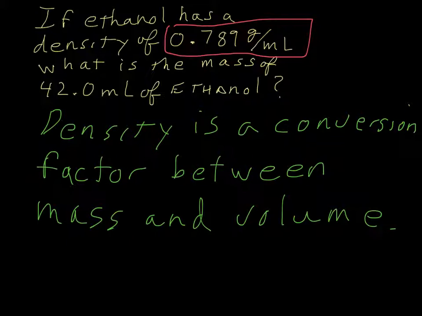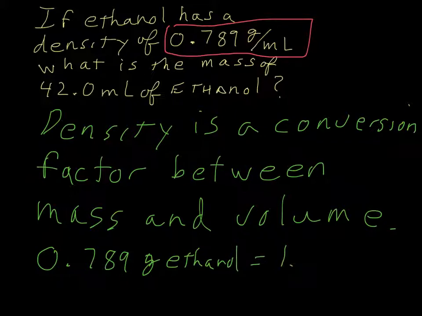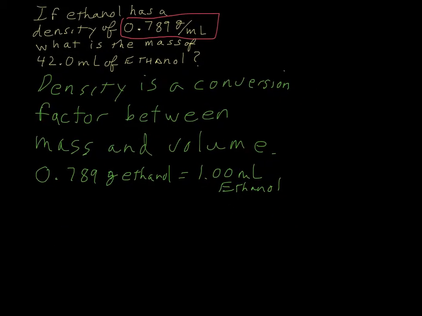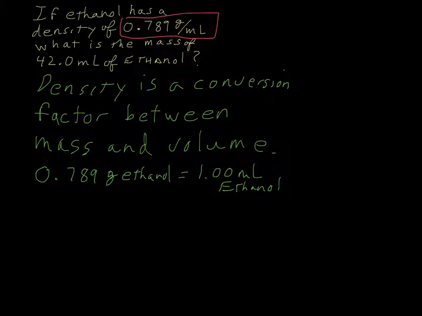In other words, 0.789 grams of ethanol is equal to 1 milliliter of ethanol. So density provides us a way of going from mass to volume. So when we work this problem, having identified density as a conversion factor, that leaves us only one other number to work our problem with.